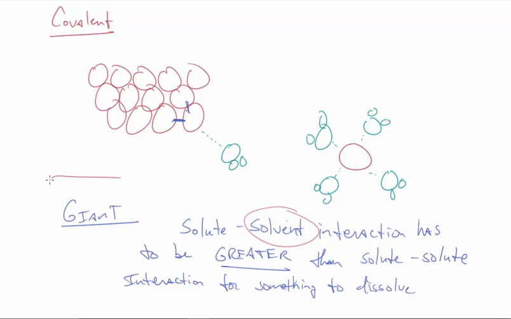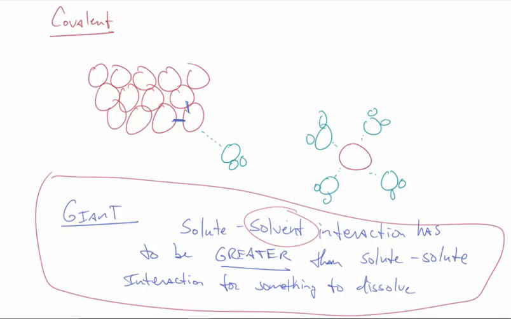This is our supergiant idea. This explains a lot of what's going on with solubility and why some things will dissolve and some things will not. How much of it will dissolve is also related back to this and those intermolecular attractions between water or whatever your solvent happens to be. Again, my solute-solvent interaction has to be greater than the solute-solute interaction for something to actually dissolve.